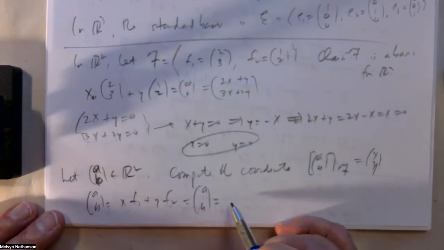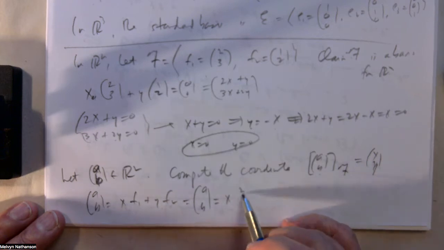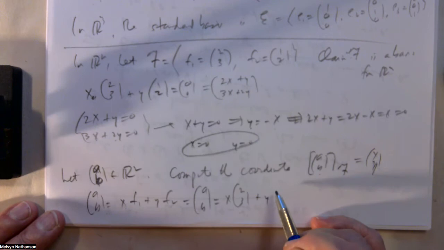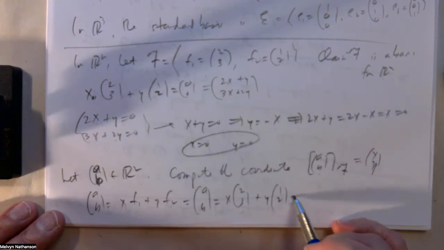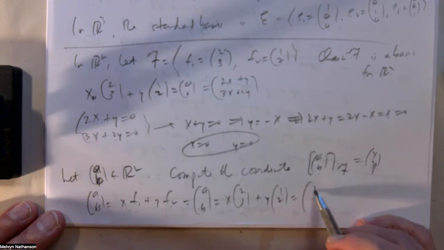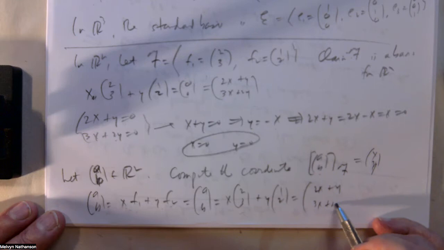So this is (a, b) equals x times F1. F1 is the vector (2, 3). And y times F2, which is the vector (1, 2). So this is the vector (2x plus y, 3x plus 2y).